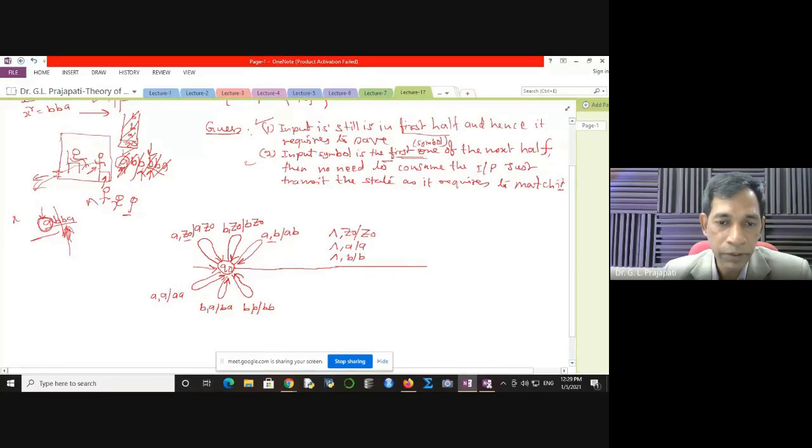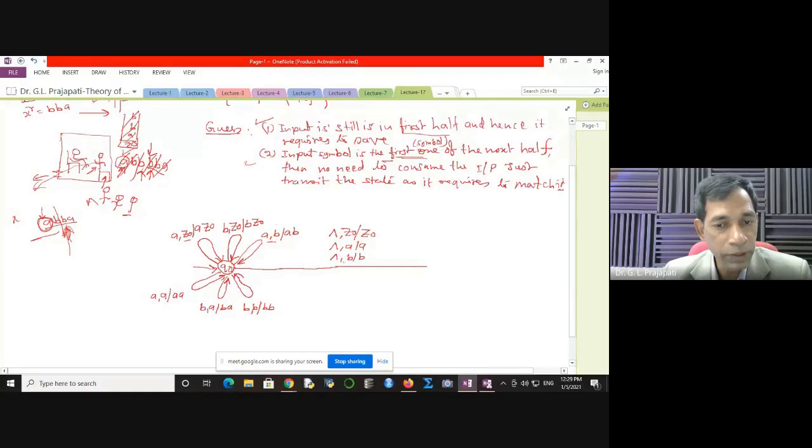If A is in the first half, what you have done is save A onto the stack, and A will become the top, and you remain in the same state. This is one assumption. But for the same top B, you have also specified the transition like this. So if the machine has a choice, for this top you have specified the null transition also. So the machine has a choice whether it can go for this option or whether it can go for this option.